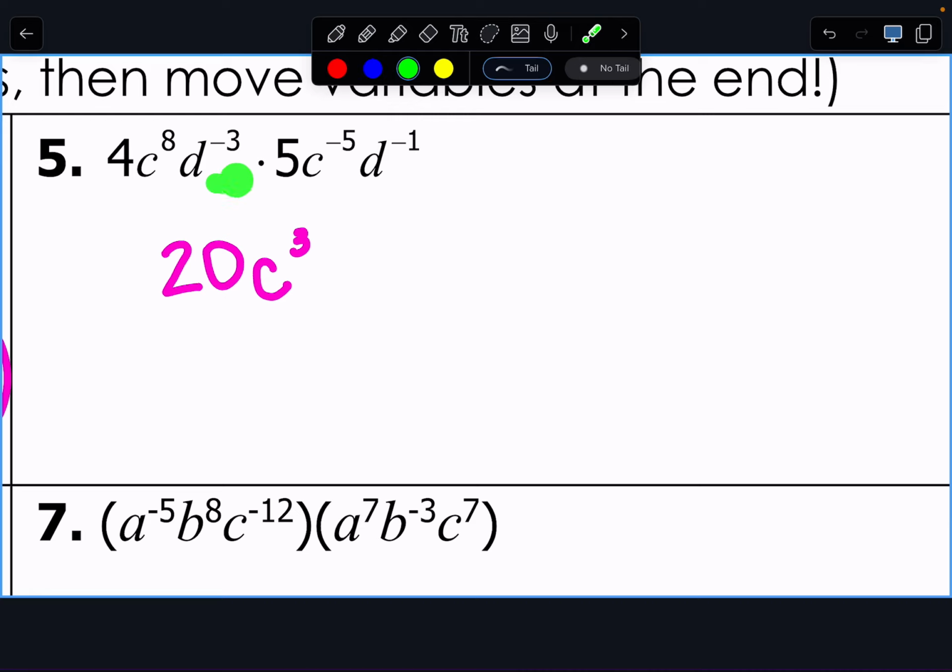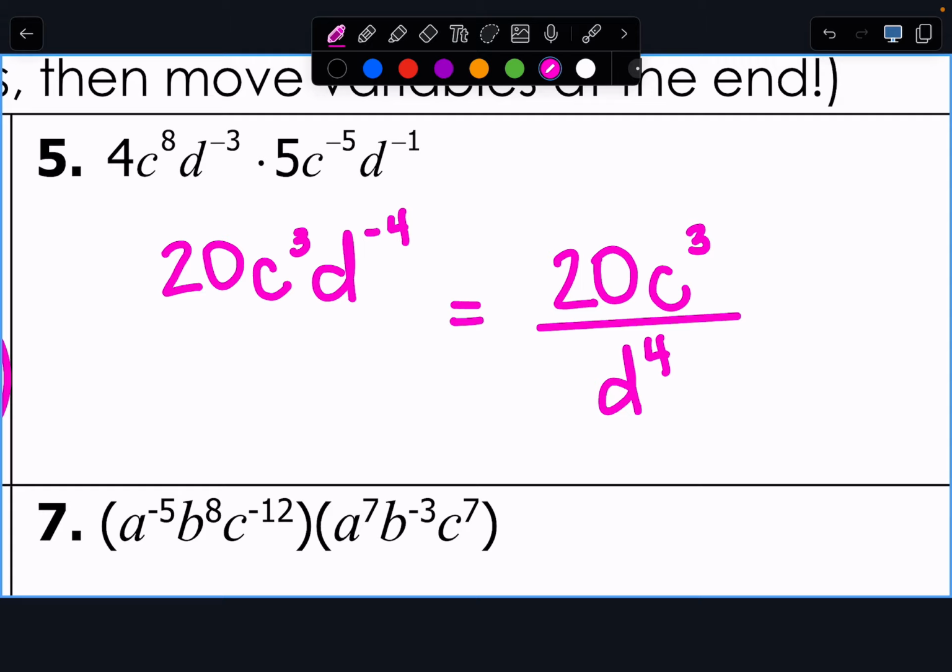And then d to the negative 3rd and d to the negative 1st, when we add those exponents, we would get d to the negative 4th. So your answer that I would want to see is 20c cubed over d to the 4th, like that. Negative exponents cannot be left in our answer.